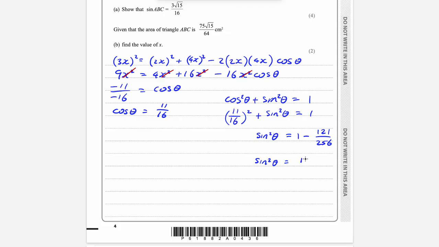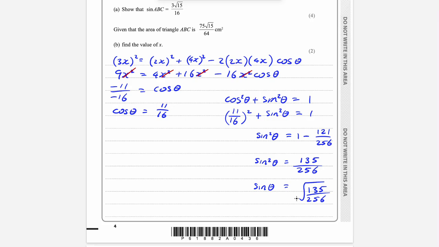135. So sine squared theta is 135 over 256, and then sine of theta is the square root of 135 over 256.